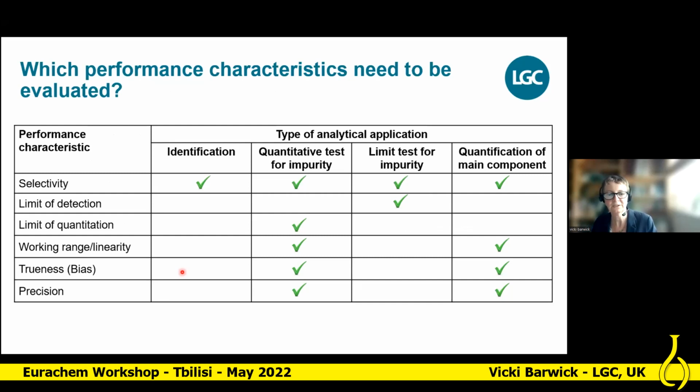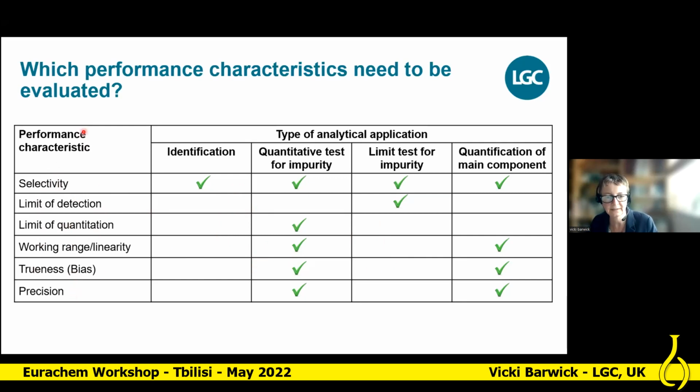So there are a range of different performance characteristics that give us different information about different aspects of our method performance. So it's a fairly comprehensive list here, I think, but we can see that we don't necessarily need to study each of these parameters in each situation.